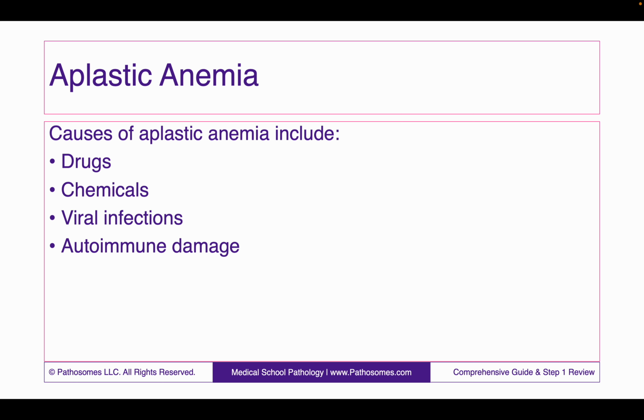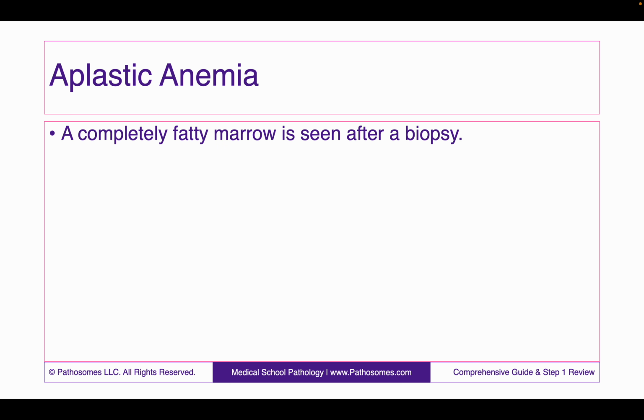Causes of aplastic anemia include drugs, certain chemicals, viral infections, or even autoimmune damage. A completely fatty marrow is usually what is seen on a bone marrow biopsy. So you'll have a bone marrow biopsy lacking any megakaryocytes, erythroid precursors, or myeloid precursors. It will just look like an empty marrow.